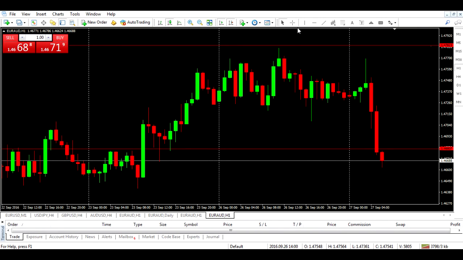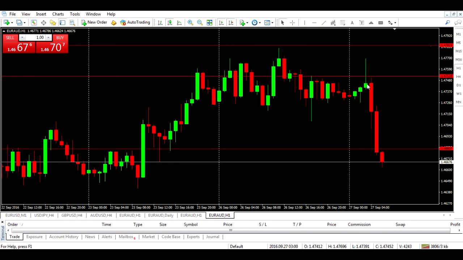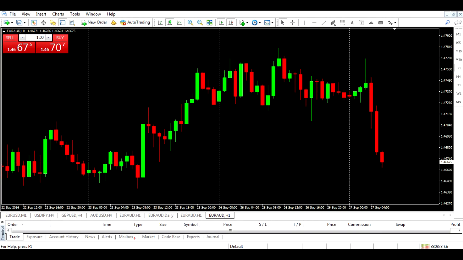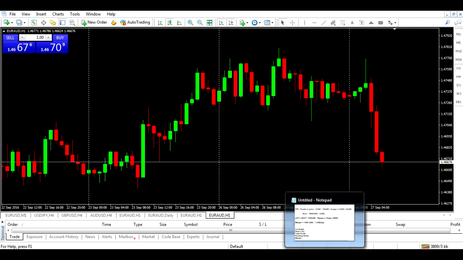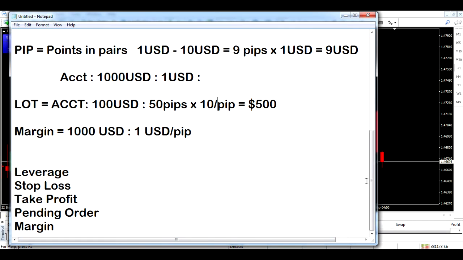But if my lot size is too big, even if my stop loss is here and price does not hit it, let's say margin is around here, when price reaches this, your trade will close. So that is important, and I will be making another video for that, so you would understand it in the next lesson.